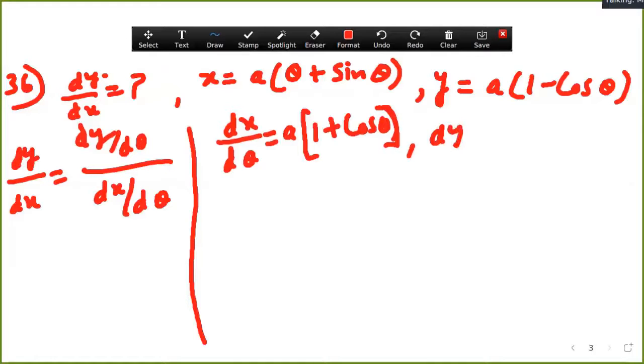Now what is dy upon d theta? That is a into derivative of 1 is 0 and minus of minus sine theta.